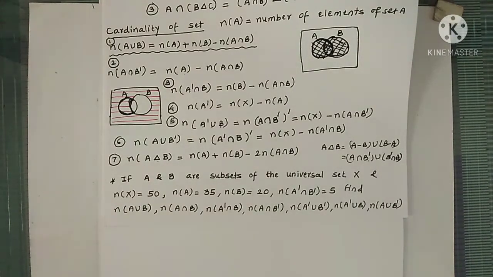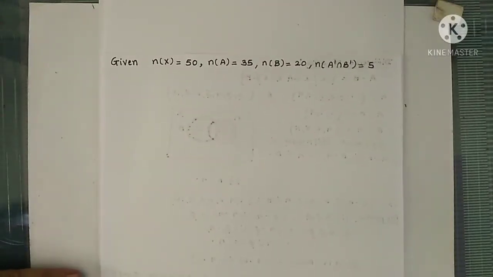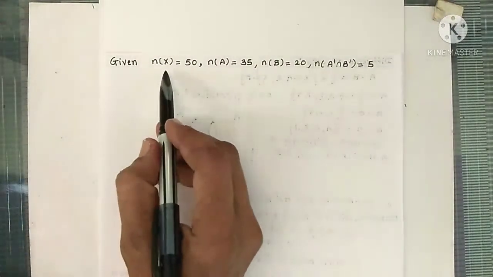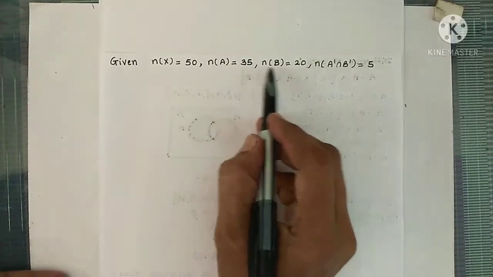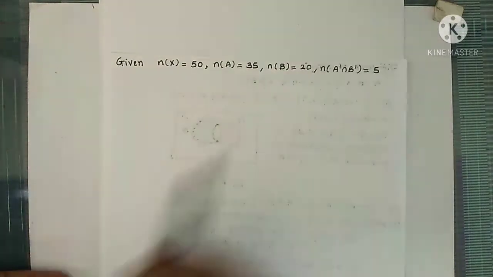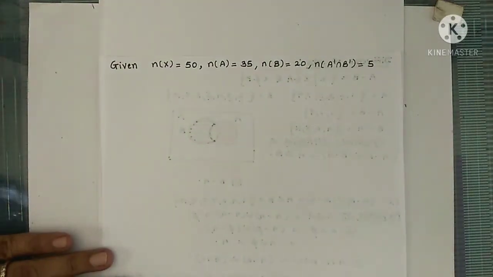So let's use these formulas and find whatever is asked. First of all, here I have written the given information. It is n(X) is 50, n(A) is 35, n(B) is 20, and n(A' intersection B') is 5.